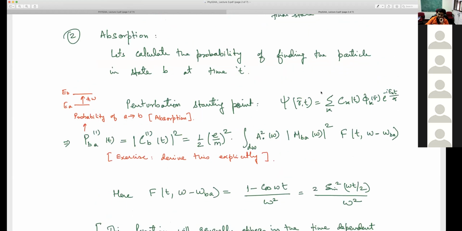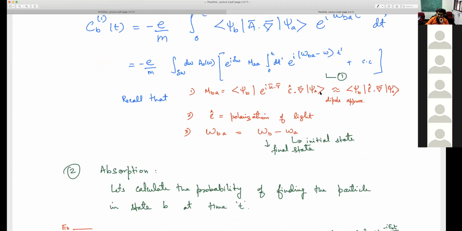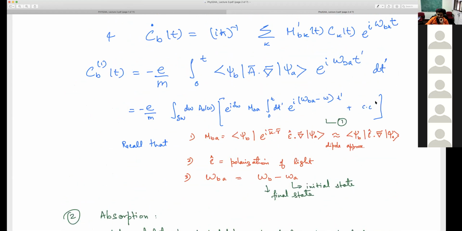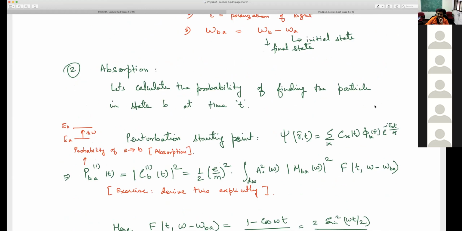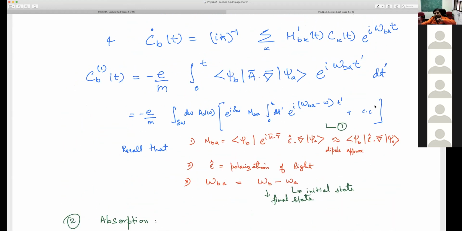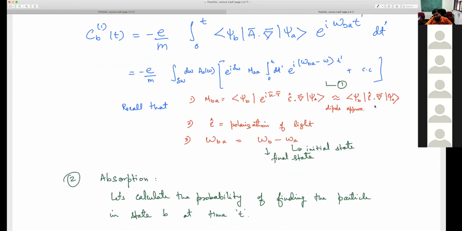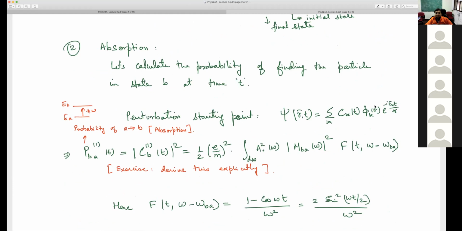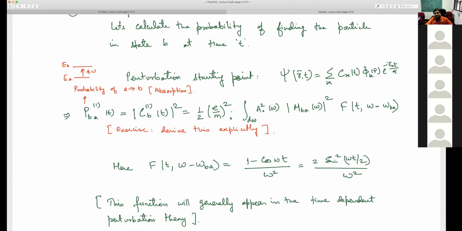And if I just use this relation, which we have written above, then I need to do a square of this, so this guy times its complex conjugate. If you do a square of that, you will find that it results in this expression, which is (1/2)(e/m) whole squared. Again, the dω integral will remain.